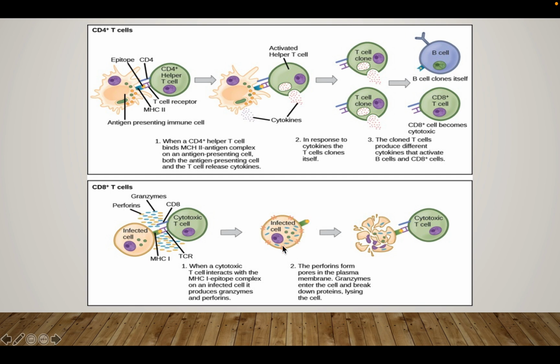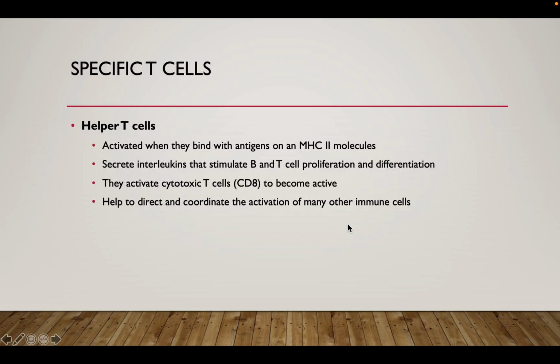Now, once the perforins are in place and have put in these holes, granzymes can come in, and these are proteins that will act to break down and destroy the infected cell, resulting in it lysing and being completely destroyed. So this is the mechanism, or at least one of the mechanisms of action of how our cytotoxic CD8 T cells will actually destroy foreign or infected cells in our body.